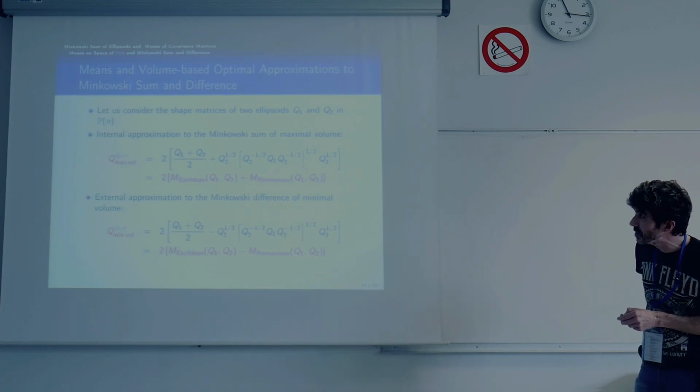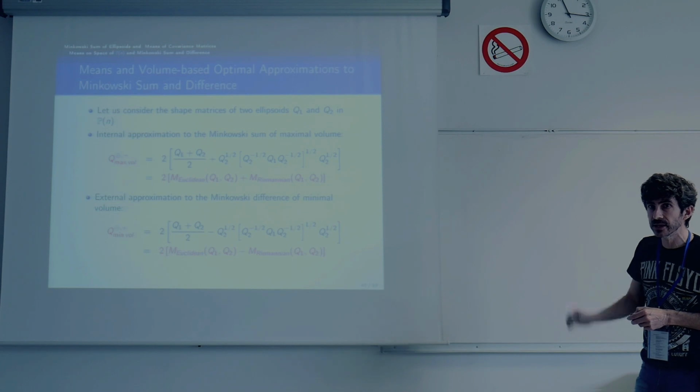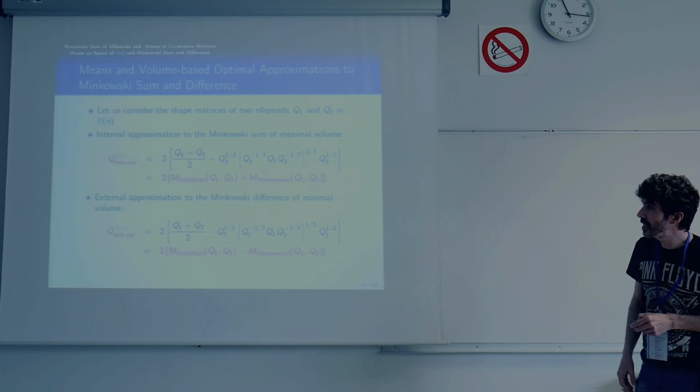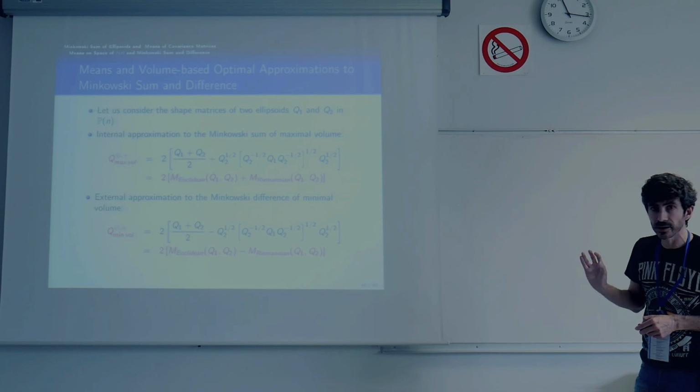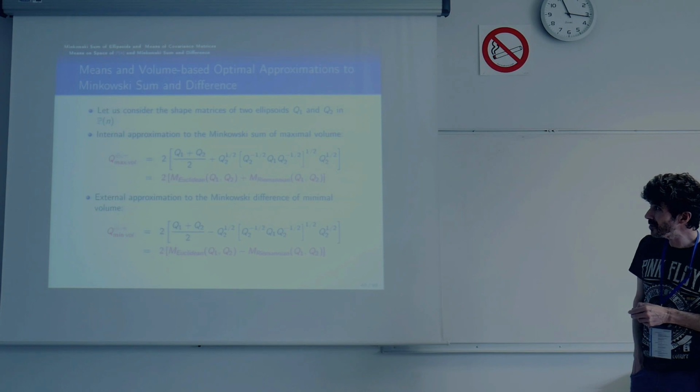So now we come back to our ellipsoidal calculus and approximations, and in particular, let me come back to the expression of the optimal ellipsoid approximating internally the Minkowski sum, and the optimal ellipsoid in terms of volume approximating externally the Minkowski difference. Remember, they were these two expressions which appear here.